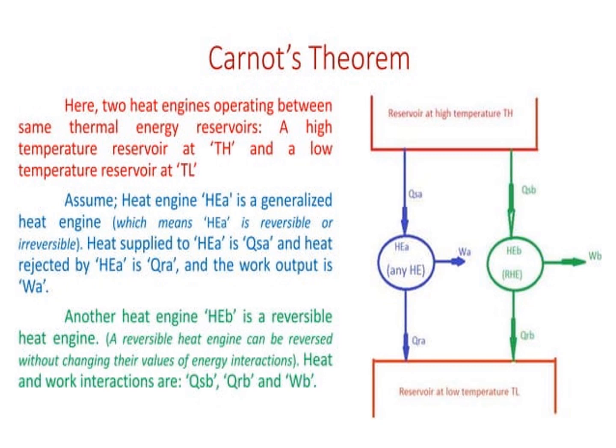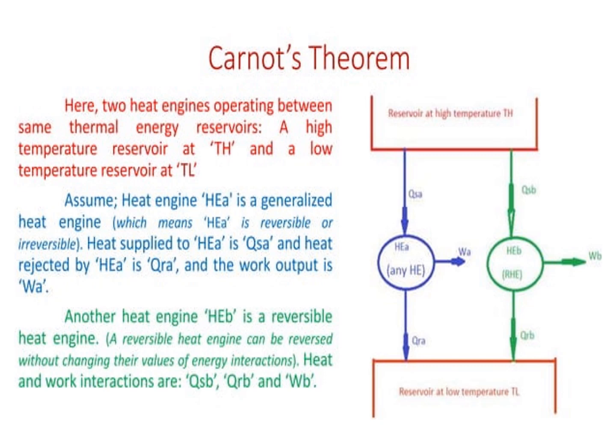In between them, there are two heat engines. One is operating as a reversible engine and the other is an irreversible engine. We are assuming here that the irreversible engine is more efficient than the reversible engine. Here you can see the heat engines HEA and HEB.